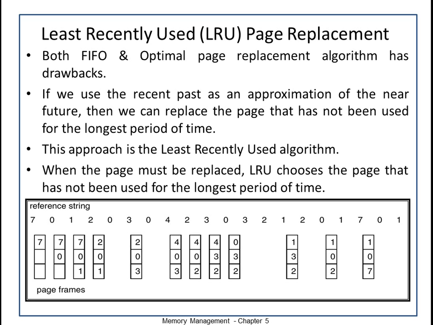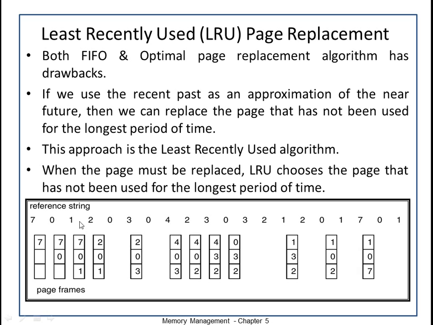Now again, initially there will not be any frame, so we will put our first page, that is page 7, in the first free frame. After that, page 0 in the second free frame and page 1 in the third free frame. So for these 3 pages there will be 3 page faults. Now we will need to put page 2.